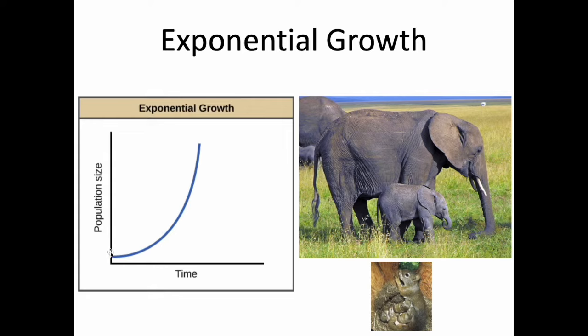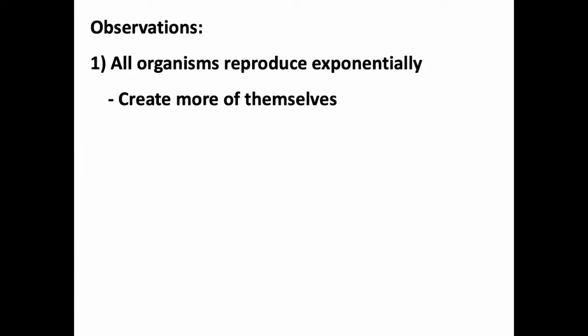So yeah, they're a lot slower, but they are still a pair making 8. They are reproducing in such a way to make more of themselves over time. That's our first observation.